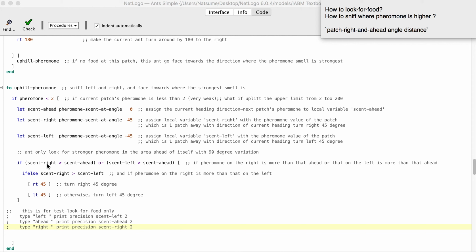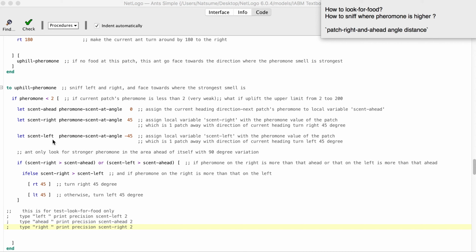Now we begin to compare their pheromone values. If the right pheromone is greater than the ahead pheromone, or the left pheromone is greater than the ahead pheromone, then we further compare the right pheromone and the left pheromone. If right is greater, then turn right 45 degrees. Otherwise, we turn left 45 degrees.